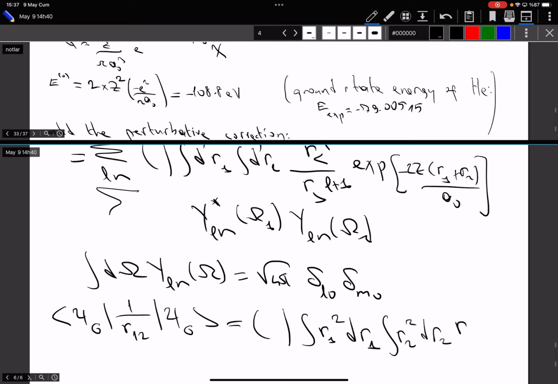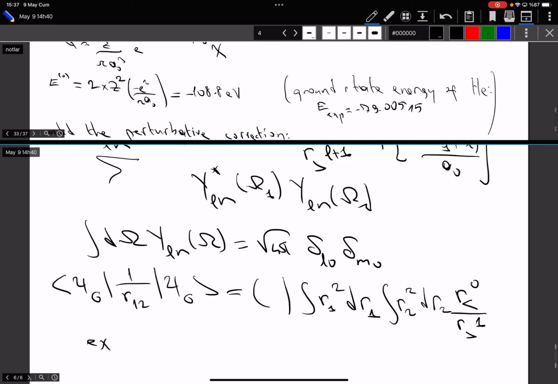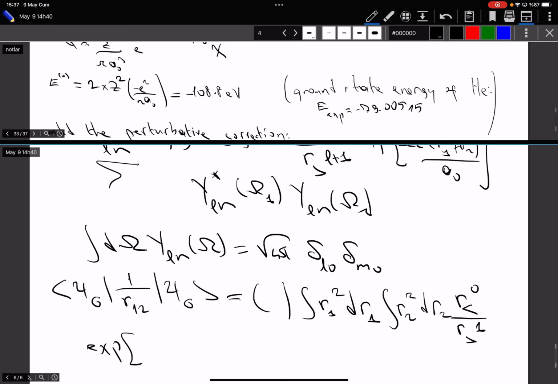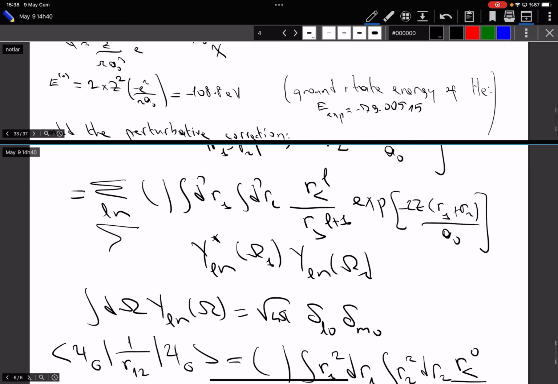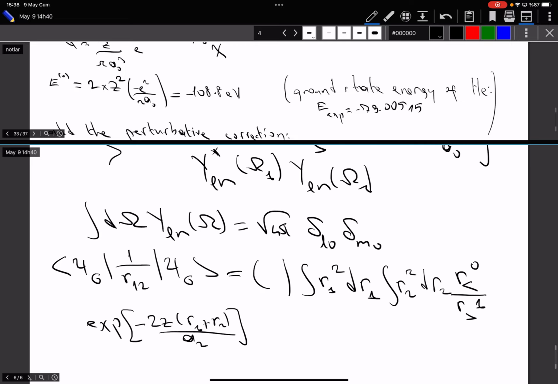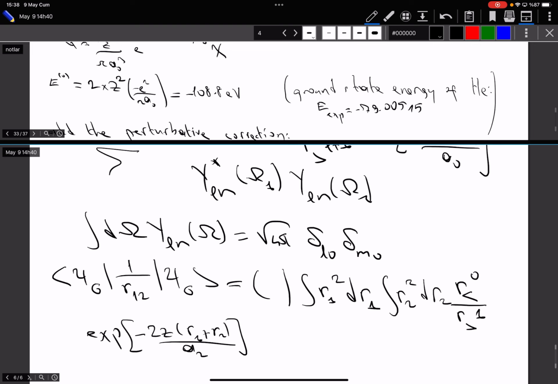Then I have the smaller one to the power 0 divided by the larger one to the power 1, because L is equal to 0. I have the exponent minus 2z times R1 plus R2 over a0. And that's it.